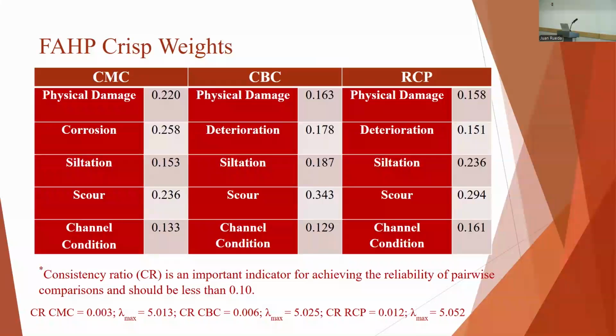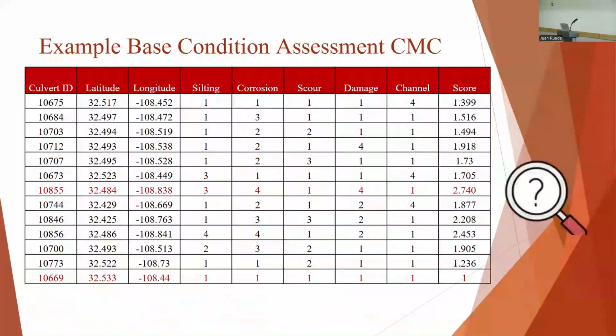So you can see we have a weighting factor for each, and it sums to 1. And then looking at the consistency, the ratio was always less than 0.1, and our maximum eigenvalue was around 5. So everything's pretty good.